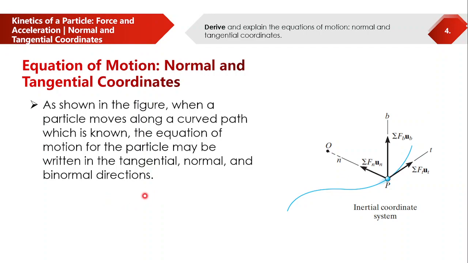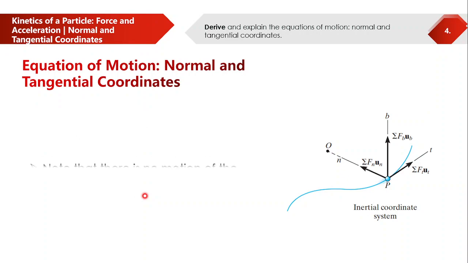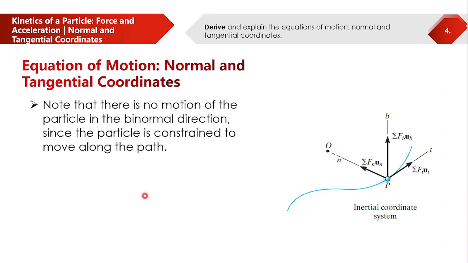Okay? So, note that there is no motion of the particle in the binormal direction. Why? Since the particle is constrained to move along the path. So, if along the path, then there is no binormal.